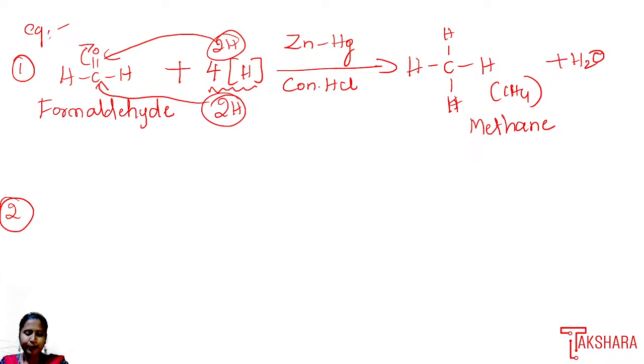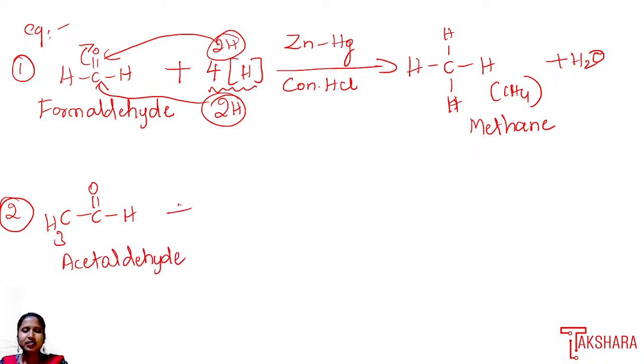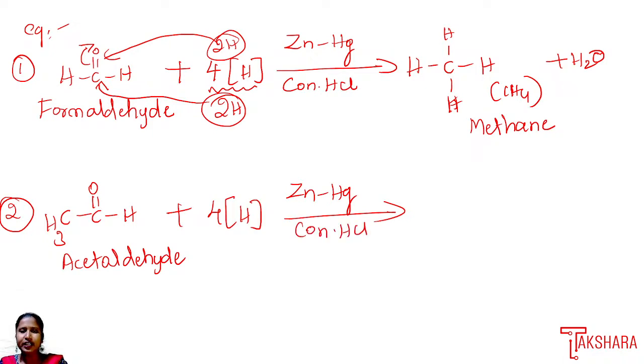And let us take a second example. Instead of formaldehyde, let us consider acetaldehyde, CH3CHO, which is called acetaldehyde. We add 4 moles of hydrogen to acetaldehyde and react in the presence of zinc amalgam and concentrated HCl. The hydrogens split: 2 hydrogen atoms combine with the oxygen atom and another 2 hydrogen atoms attach to the carbon atom.